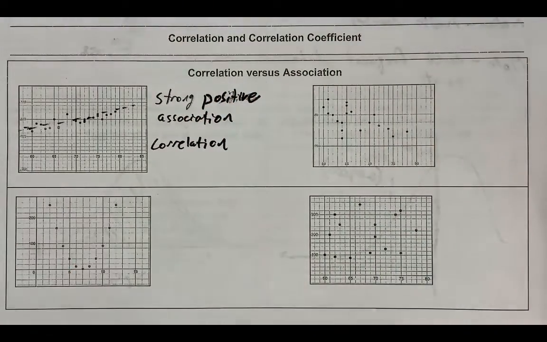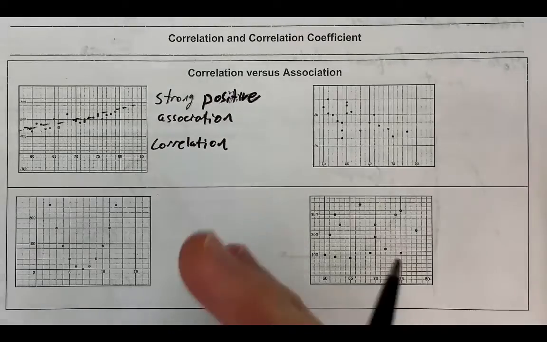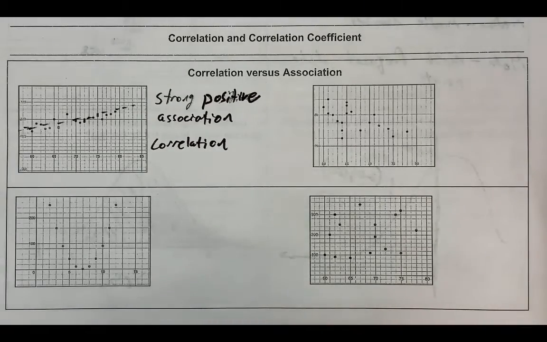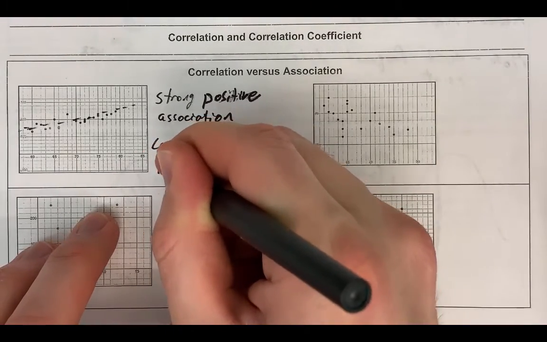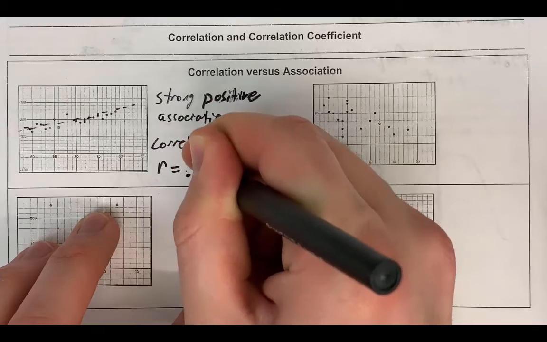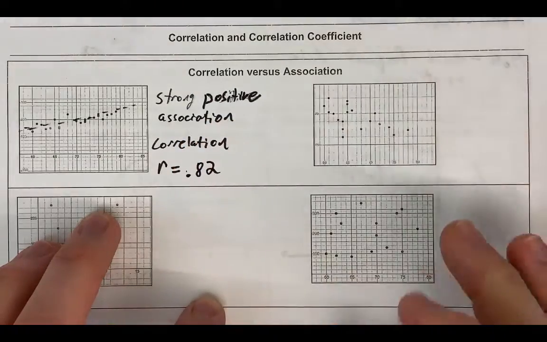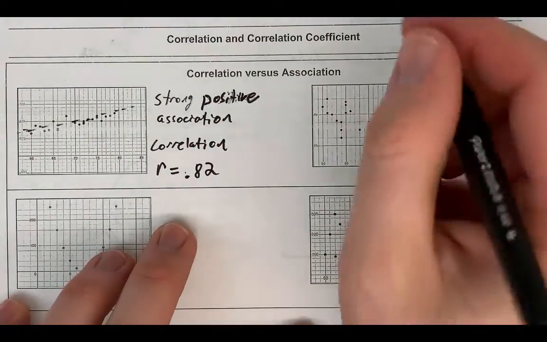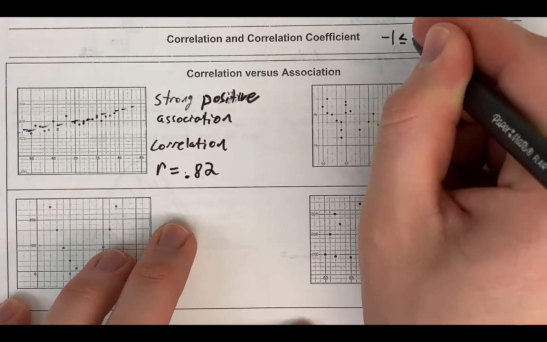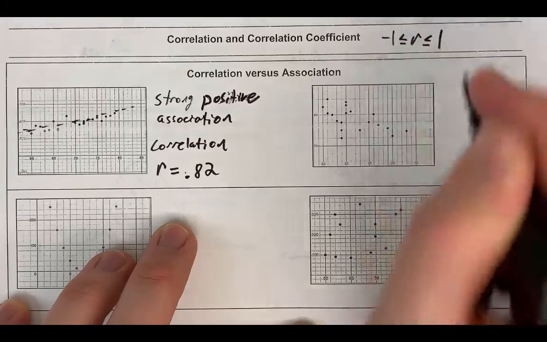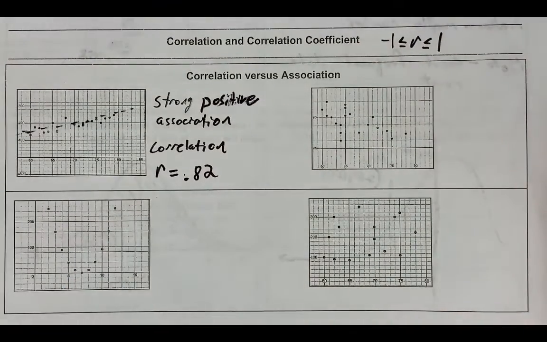In fact, the correlation coefficient, which tells us how strongly correlated they are, for this data is 0.82. That is represented by R, and it's equal to 0.82. The correlation coefficient runs from -1 to +1, and the negative does not imply less correlation.